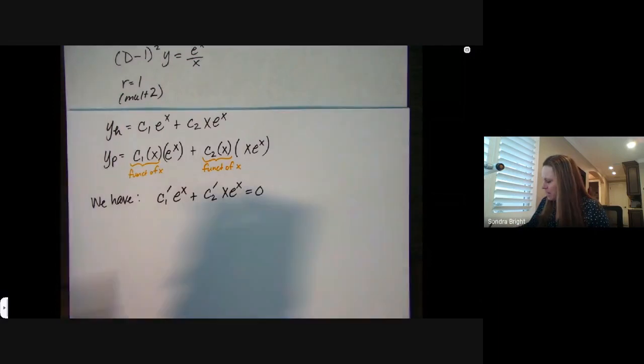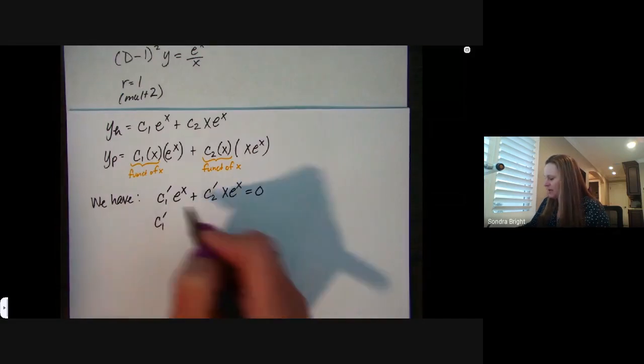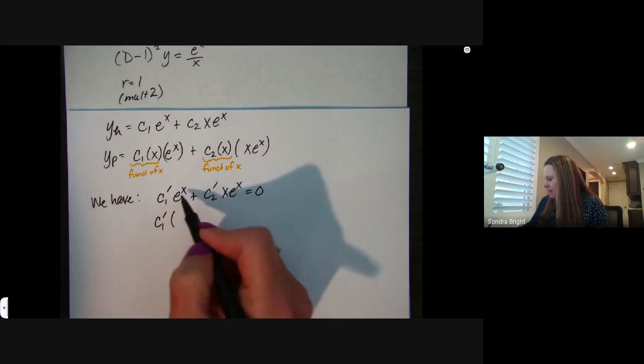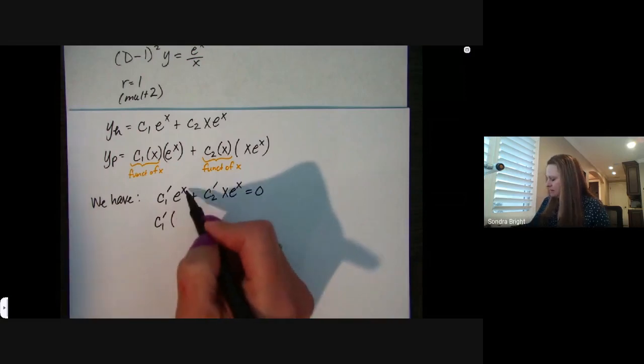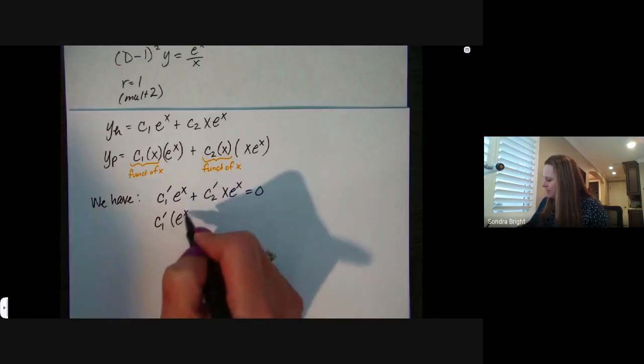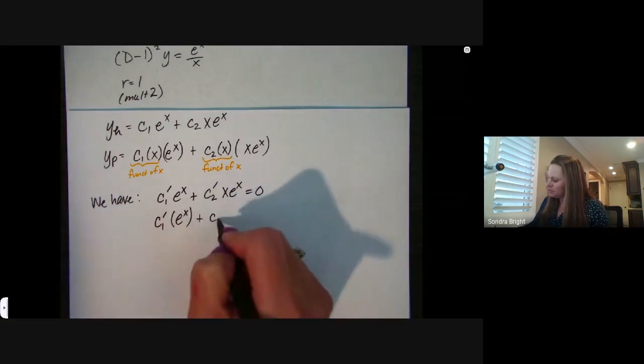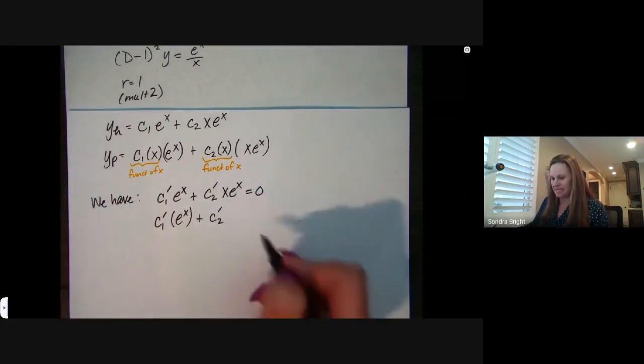And the other one is that the derivative of c1 times the derivative of e to the x. So u1 is e to the x. Derivative of e to the x is still e to the x. And then plus the derivative of c2 times the derivative of x times e to the x.